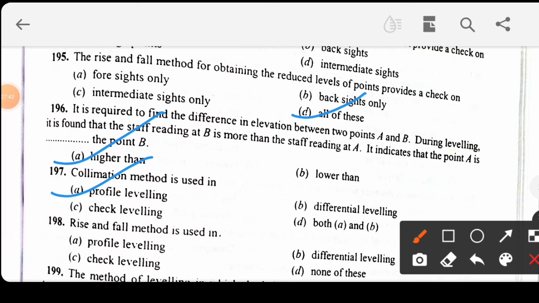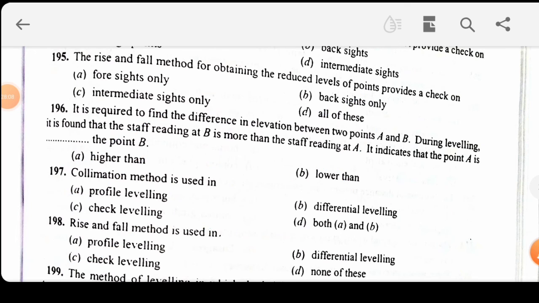Rise and fall method is used in check leveling. These two are very important questions. 197, 198 number. Rise and fall method, check leveling; collimation method, profile leveling. 199 number question.